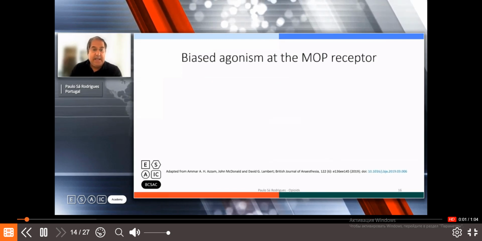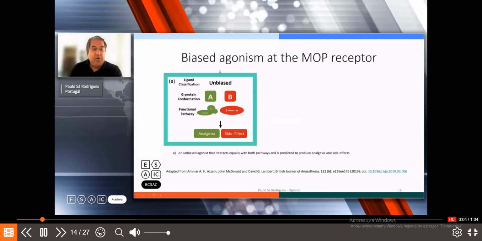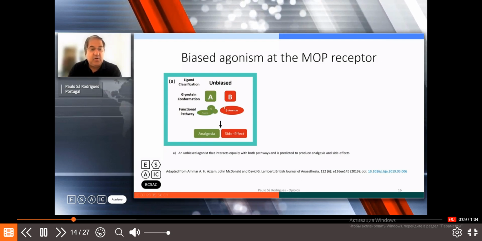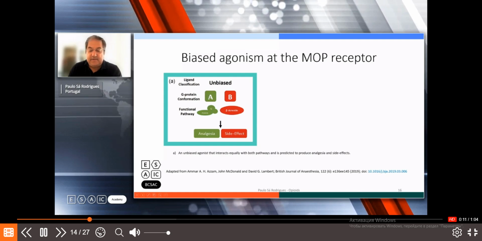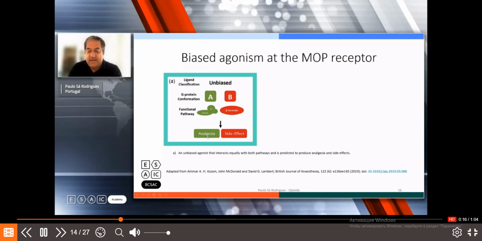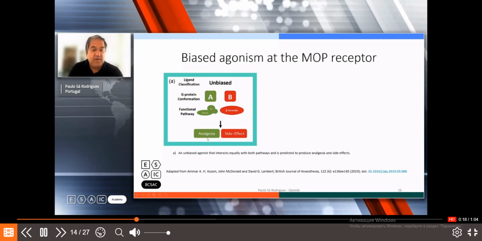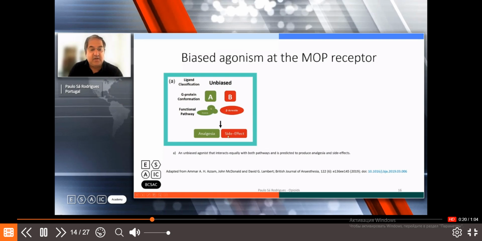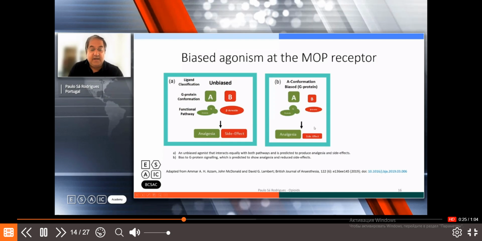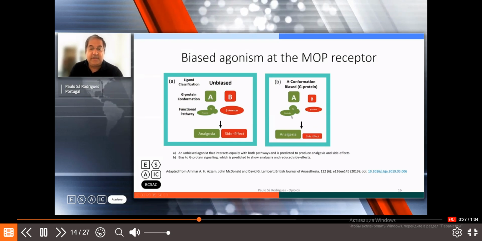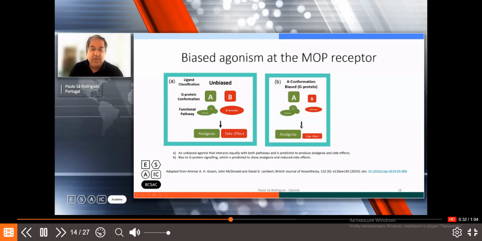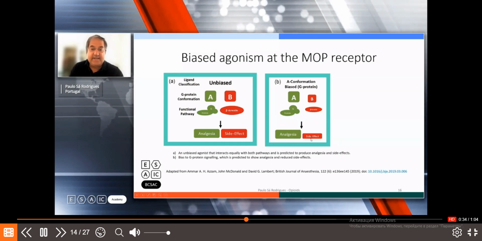So actually, if you have a pure and unbiased agonist that interacts equally with both pathways, the left pathway and the right pathway, you will have a drug that has both effects, analgesia and also the side effects. But if you have an opioid that has more predominant actions on the left pathway, you will have more analgesia and less side effects.